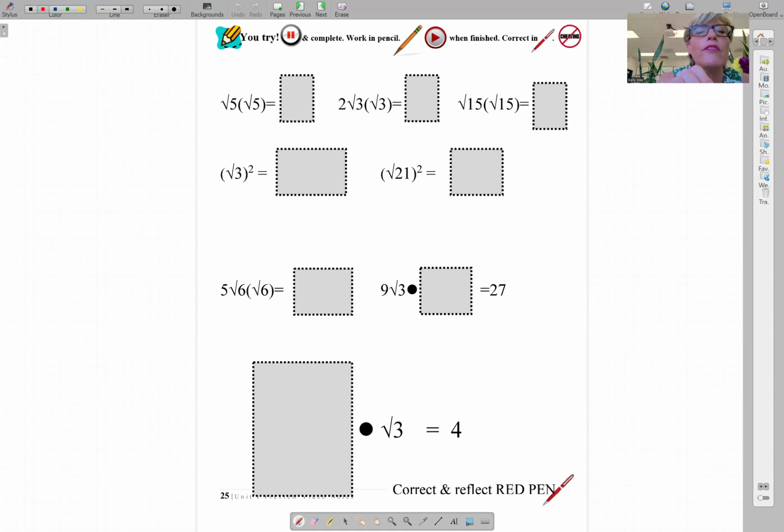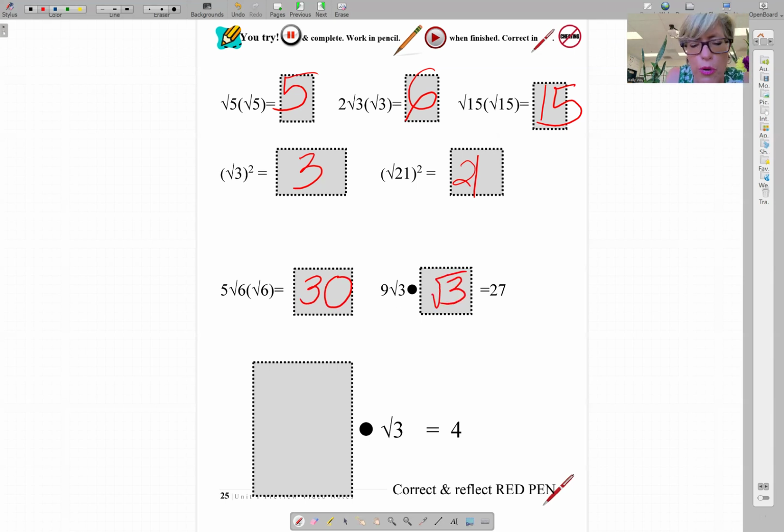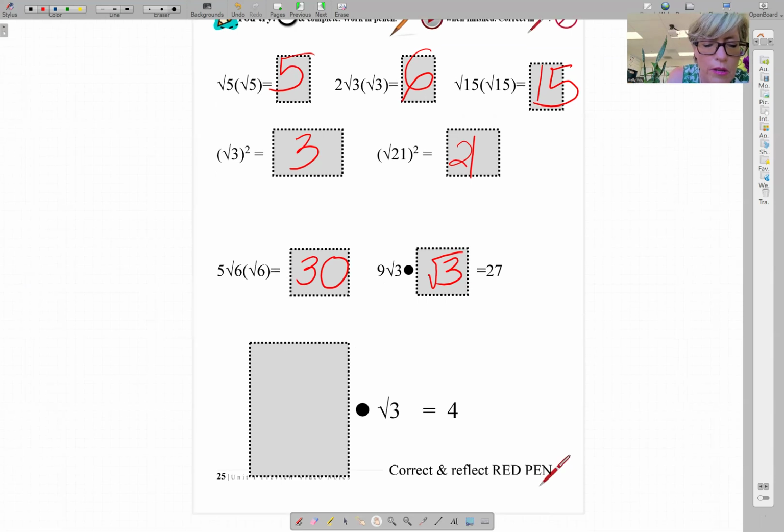Root 5 times root 5 is 5. 2 root 3 times root 3 is 6. Root 15 times root 15 is 15. 3 root 2 times 3 root 2, excuse me. Root 3 times root 3 is 3. Root 21 times root 21 is 21. 5 root 6 times root 6 is 30. 9 root 3 times another root 3 is 27.